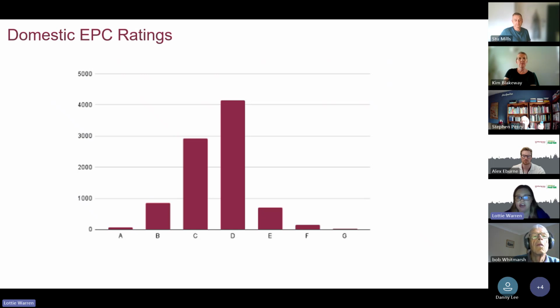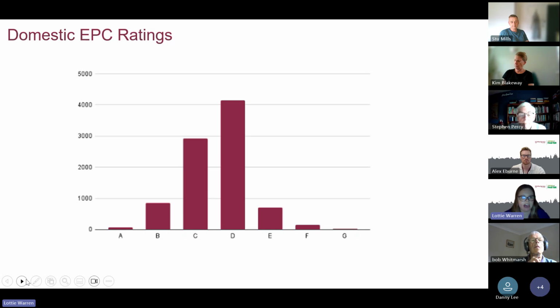This follows on from the trends we saw in the wider local area energy plan baseline, but also means there's lots of opportunities for work to go on to raise these EPC ratings to an A or a B. I believe there's only about 50 homes within the Harestock area which are rated A, so a long way to go, but equally a good opportunity for changes to be made.